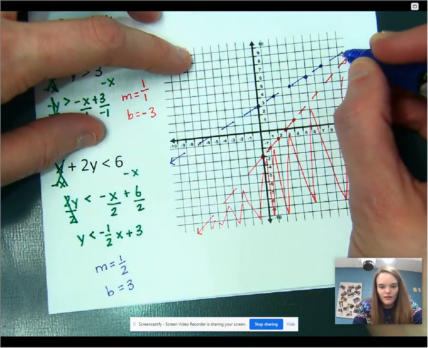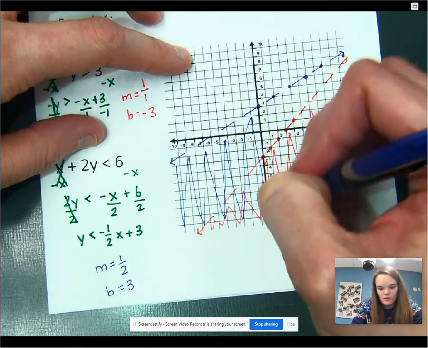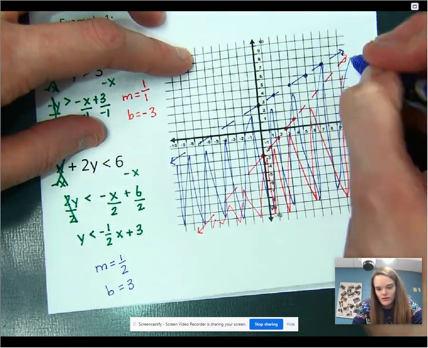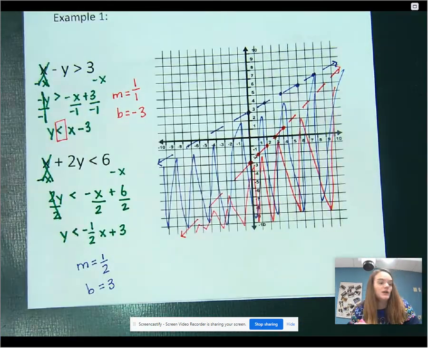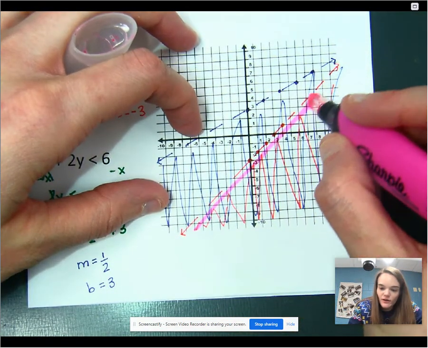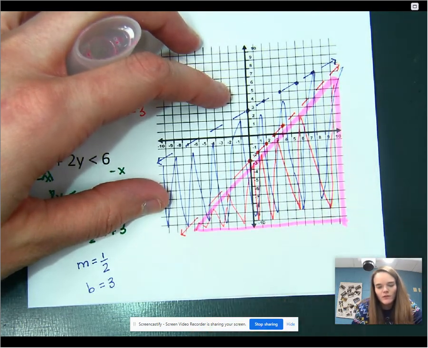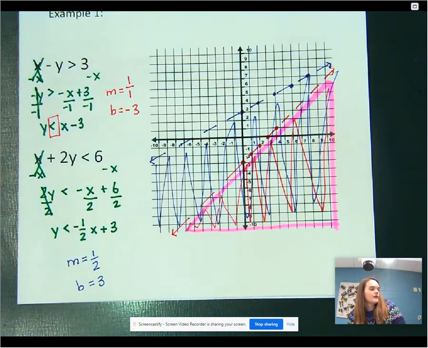It is less than, so you shade below. The solution is where they overlap. They overlap down here. Everywhere down there.